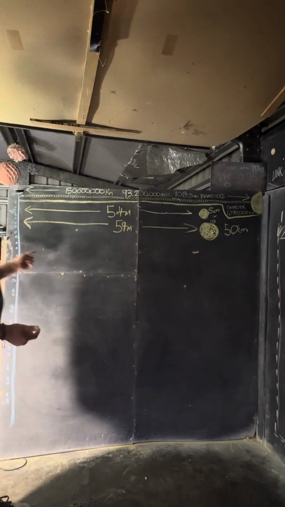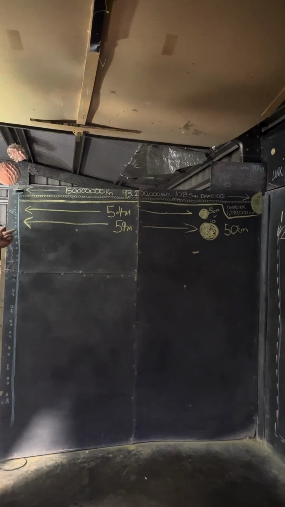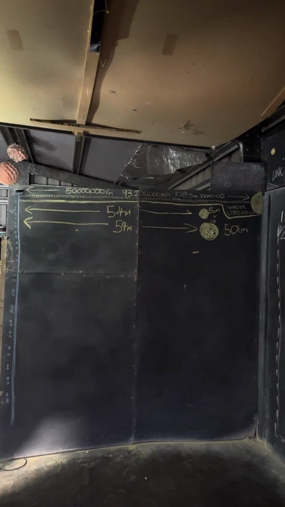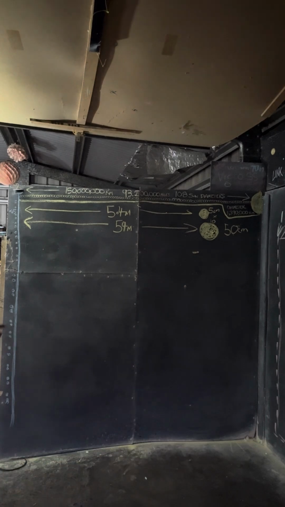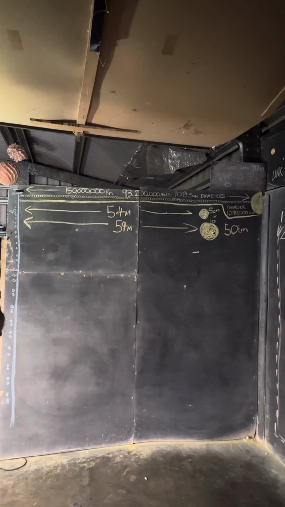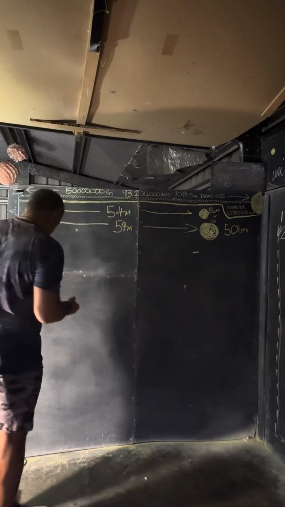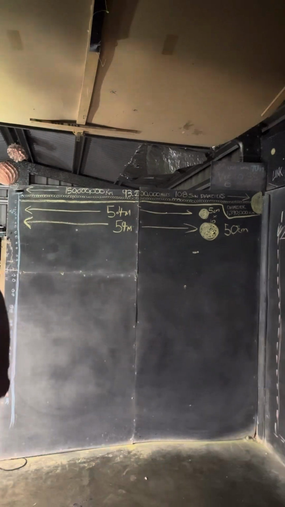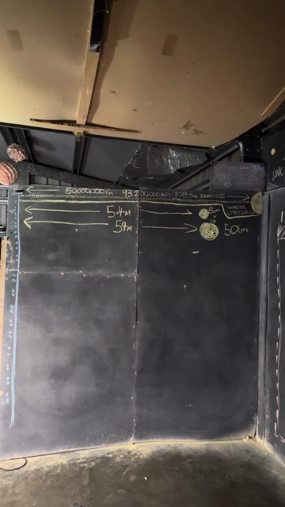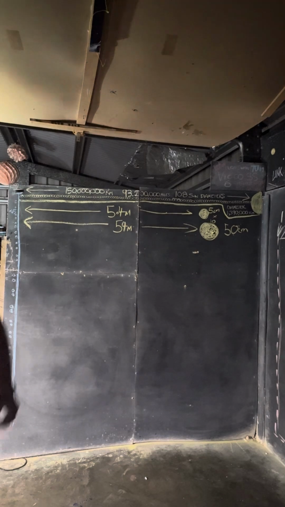So Earth's diameter would now be 4.5 centimeters. Alexa, what's 50 centimeters divided by 109? 50 centimeters divided by 109 is approximately 4.5872 millimeters. 4.5 millimeters.